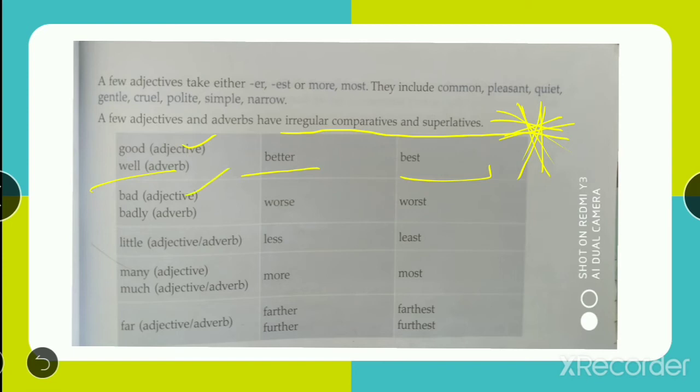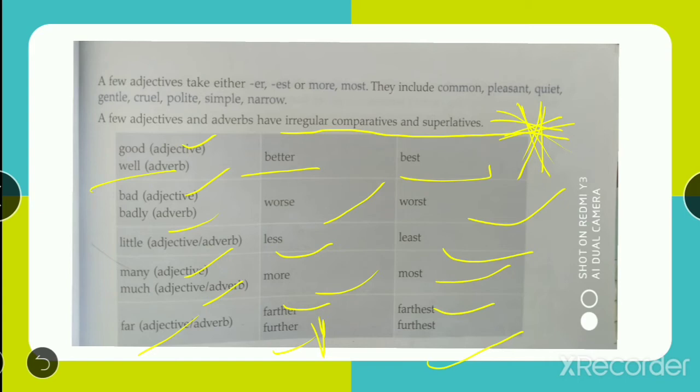Now see, bad, badly. Bad is worse and worst. Little, less, least. You don't say littler. Okay. Many, much has more or most that we know. Far has farther, further. Farthest, furthest. Is it understood? Far can be of two types. Farther, further. Farthest, furthest. Okay.